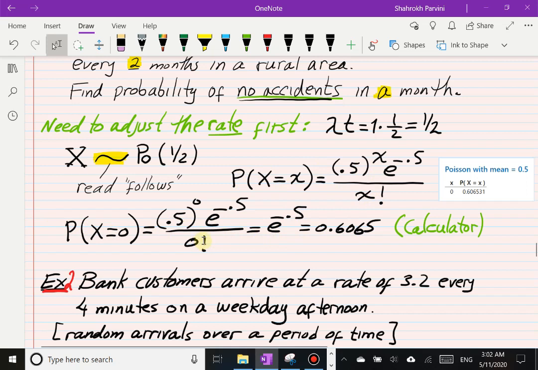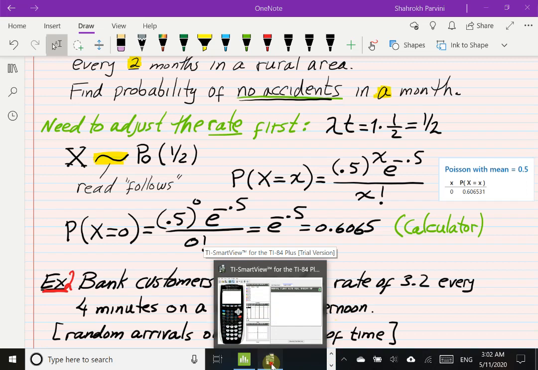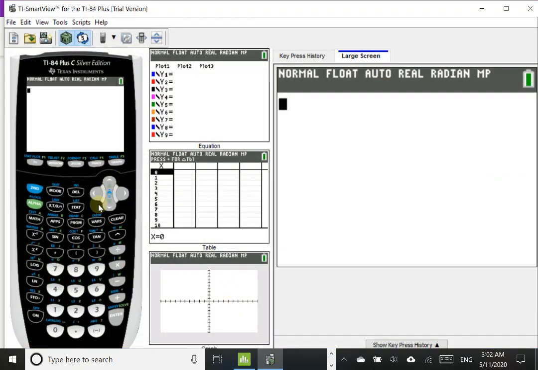Now let me show you real quick how you do these factorials and e to a power in case you want to do them on your calculators also. So I'm going to go to my calculator and do e to negative 0.5. E is this one.